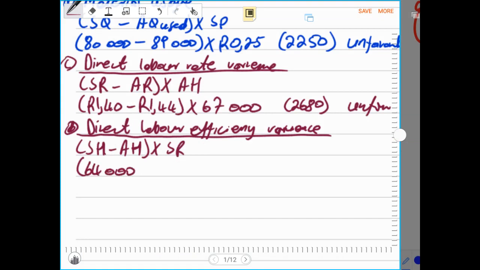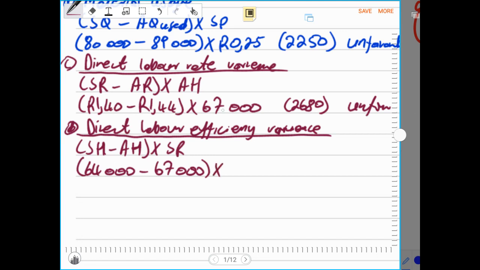So we take 64,000 hours minus actual labor hours, and let us check if we did calculate our actual labor hours. Yes, we did calculate it to be 67,000 hours. Therefore, we multiply this by the standard rate.